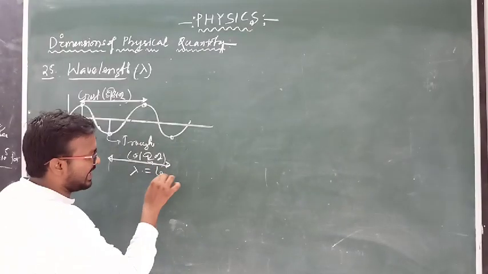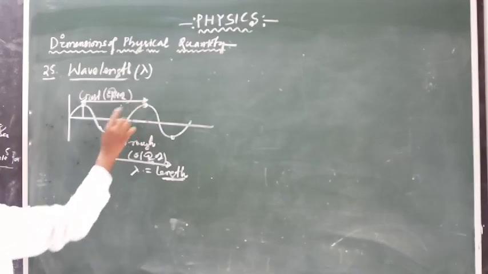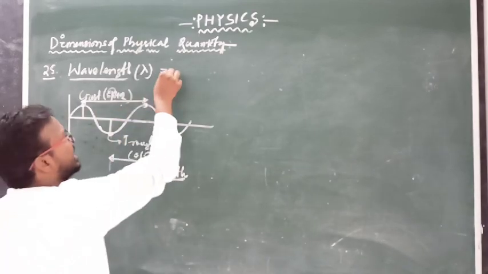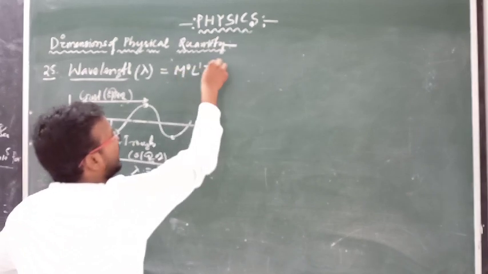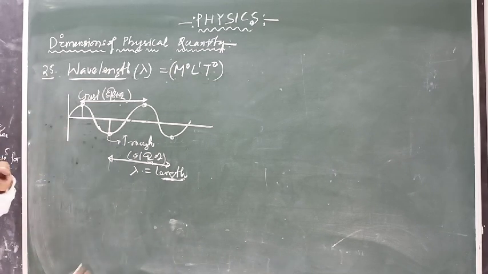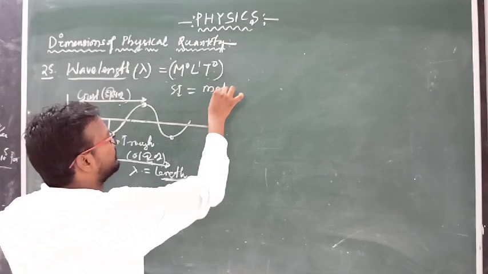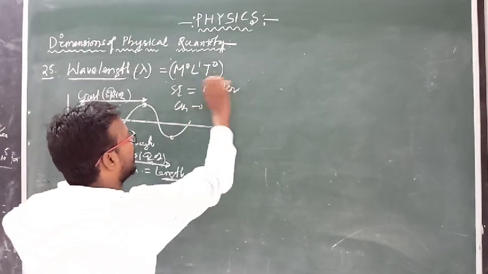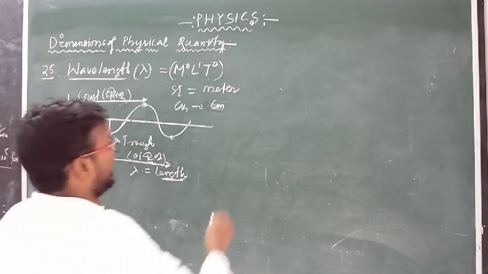Simply, you can say it is the length of the wave from crest to crest or trough to trough. Its dimensional formula for length is m0 l1 t0. It is measured in the SI unit meter and the CGS unit centimeter, or we simply write cm. Clear? Next.